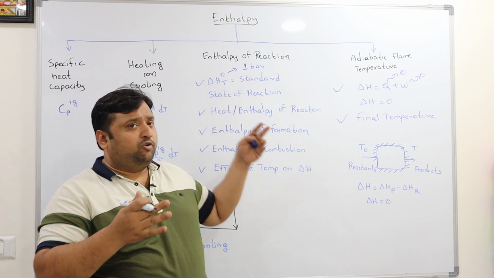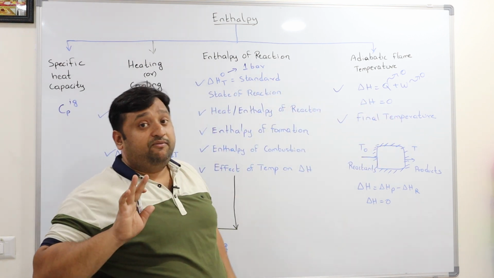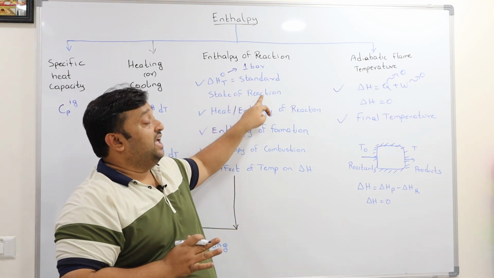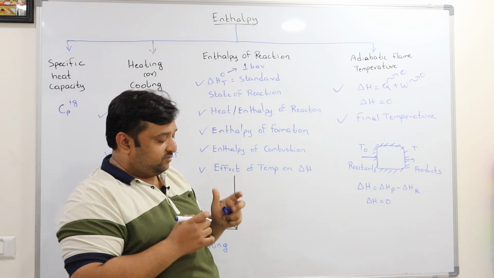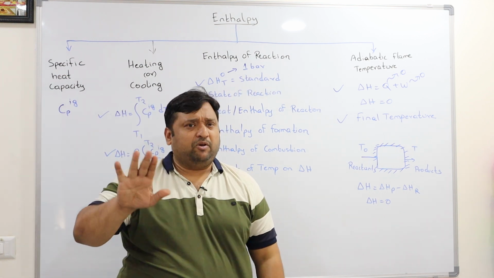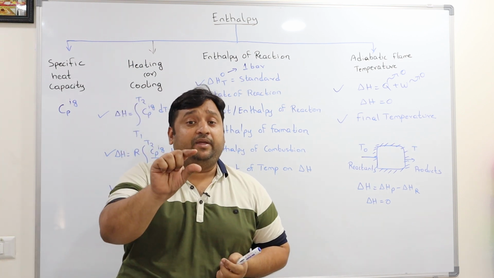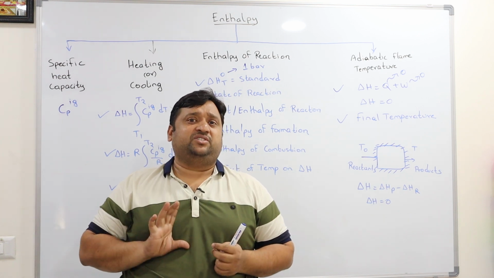Temperature could be anything. It could be room temperature, it could be higher temperature, any temperature. So generally, if you see any enthalpy of reaction, it is represented by the standard state of reaction. That means the pressure they have considered is 1 bar. Even though things happen at higher pressure, enthalpy is mainly a function of temperature and least a function of pressure.